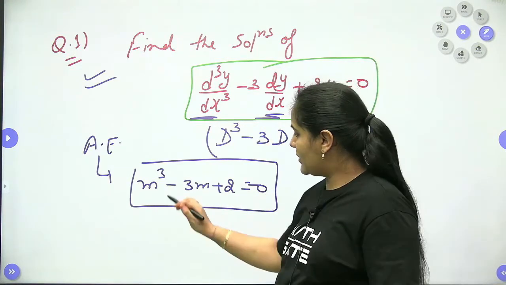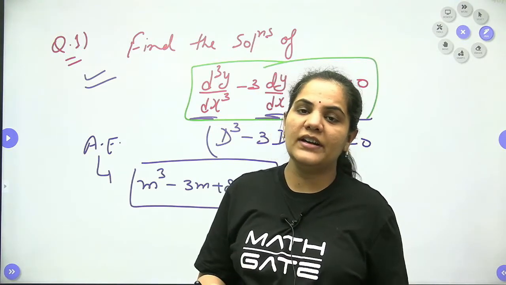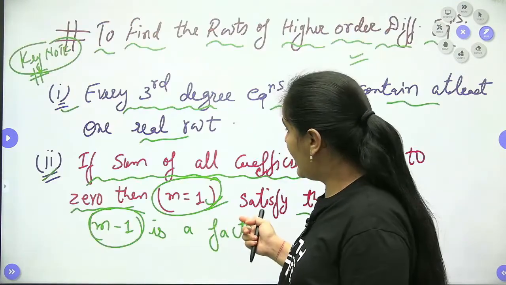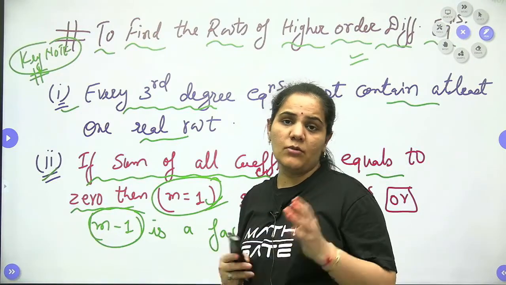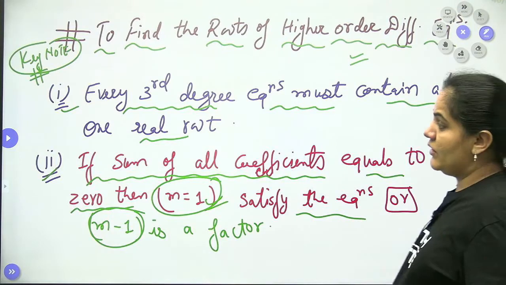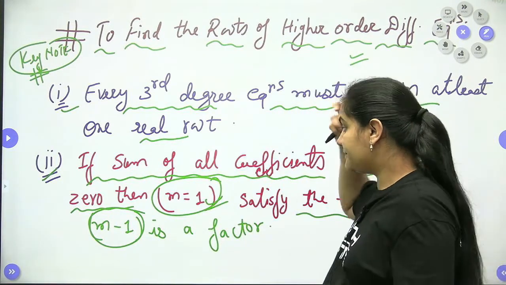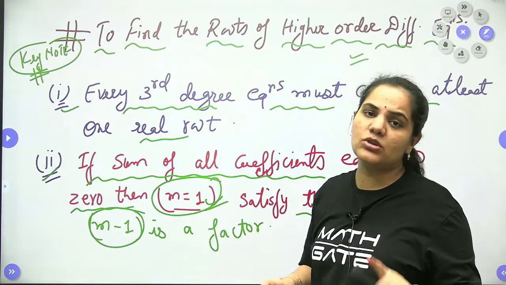Let me show you. m cube minus 3m plus 2 is equal to 0. When we have an equation whose sum of all the coefficients is equal to 0, then we can say m is equal to 1 is a root.